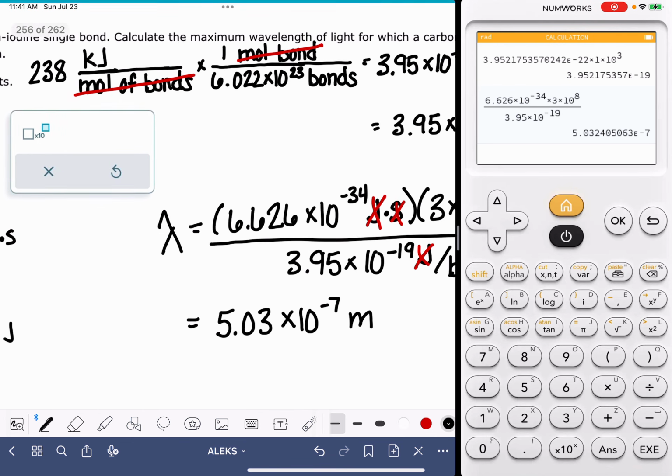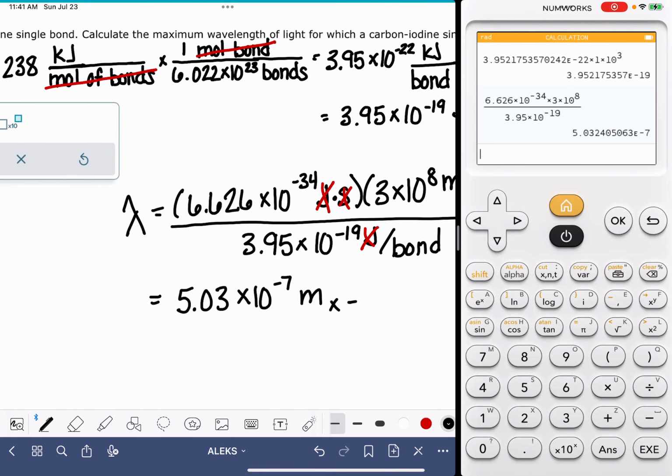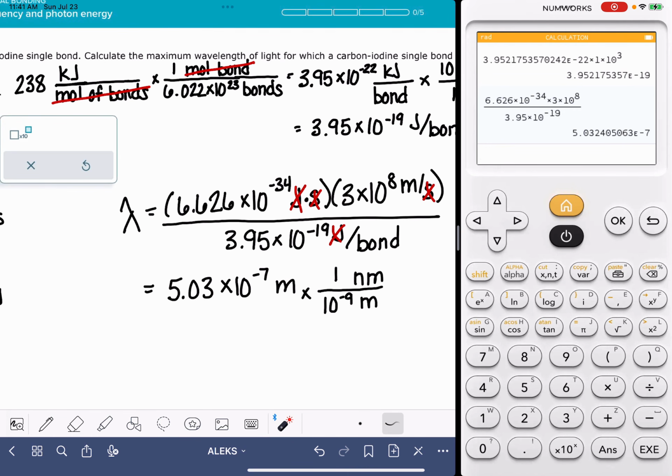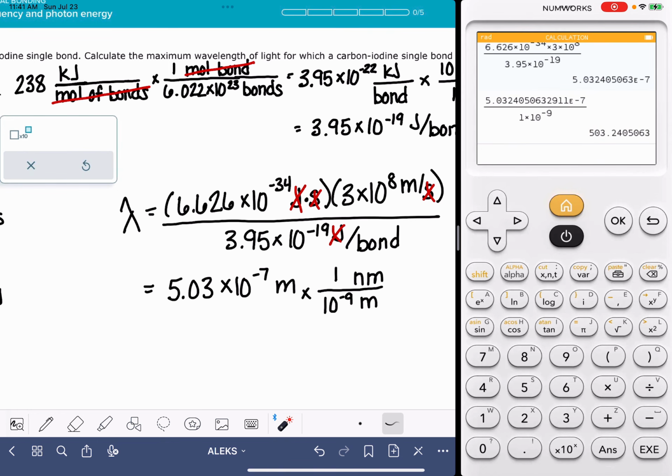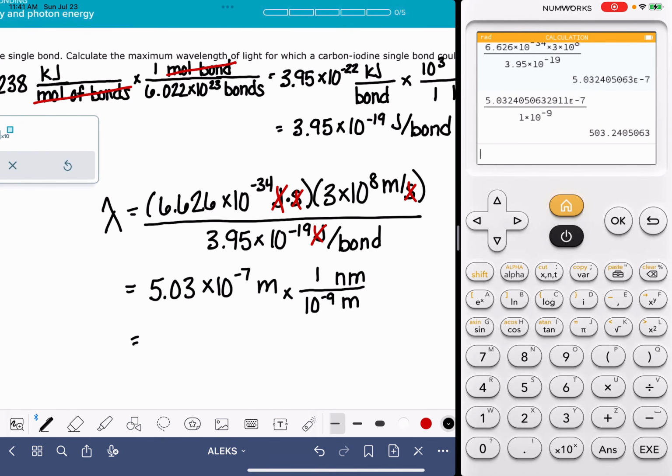So I need to do one more unit conversion. Get rid of the meter unit, convert into the nanometer unit. Nano is the prefix for 10 to the negative 9. That means 1 nano is 10 to the negative 9. So I just need to take my answer and divide by 10 to the negative 9. And I get 503 nanometers.